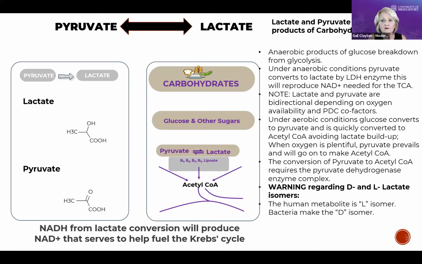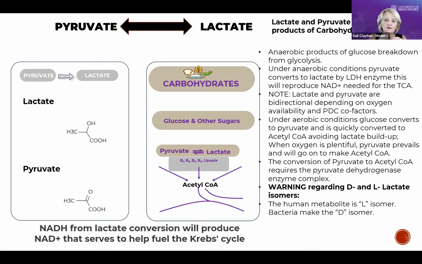And so pyruvate is always going to prevail when we have a lot of oxygen availability for the mitochondria. So in anaerobic conditions, lactate will always prevail, okay? Because the mitochondria is an aerobic environment and is oxygen requiring, okay?